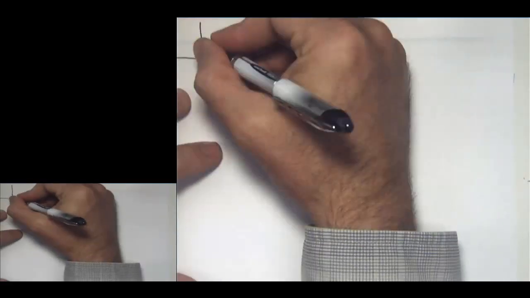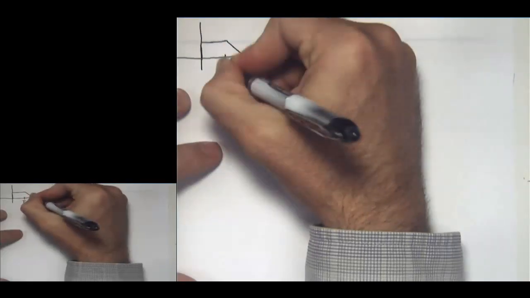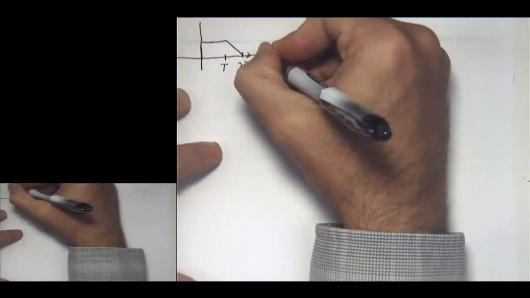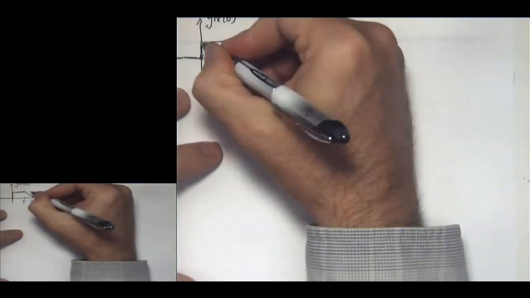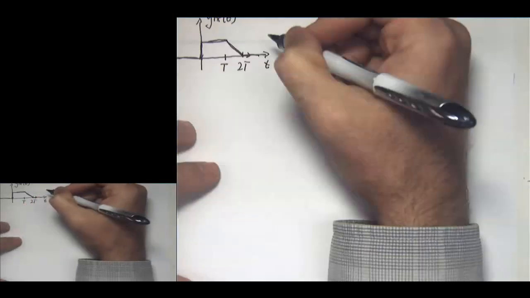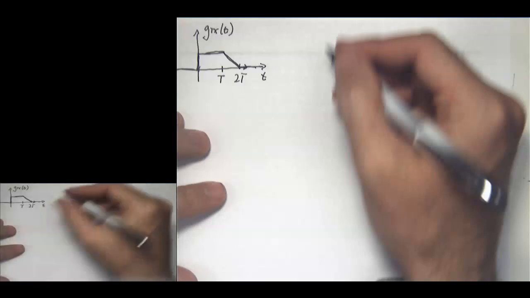It's going to be a simple one. Suppose this is t, this is 2t, this is time, this is the function g tx of t. The pulse shape is just a function. In this case, the function looks kind of like a square wave, and then it's got a little triangle here. Then it goes to 0. This is not any kind of a function we would use in wireless. It's just for example purposes.